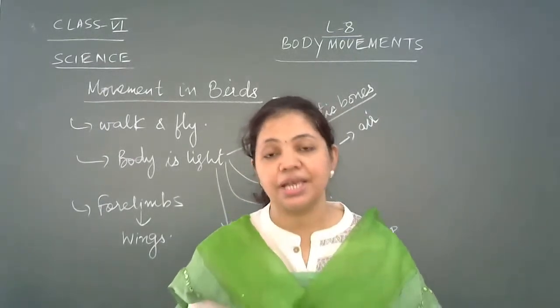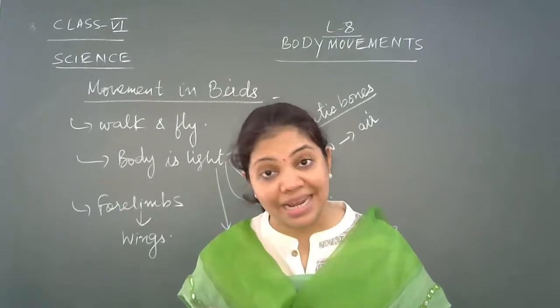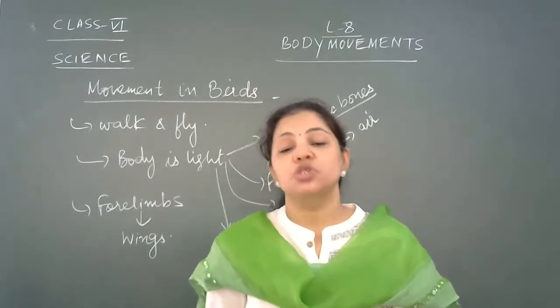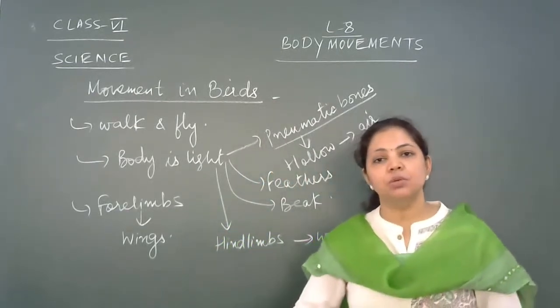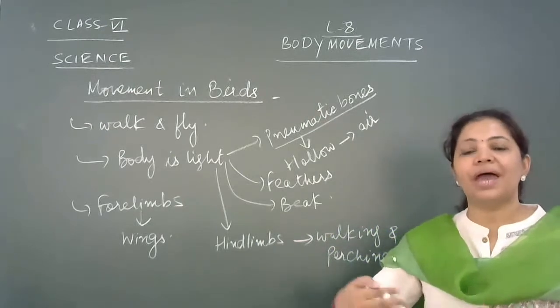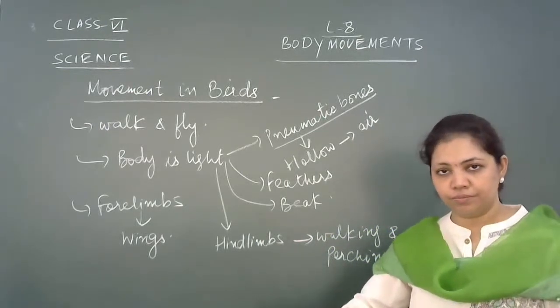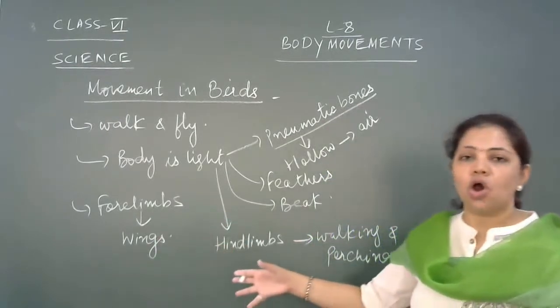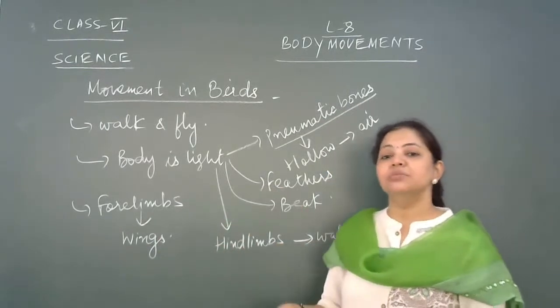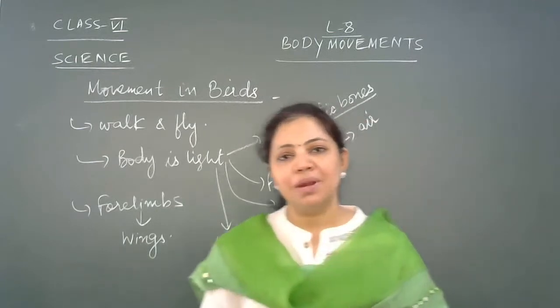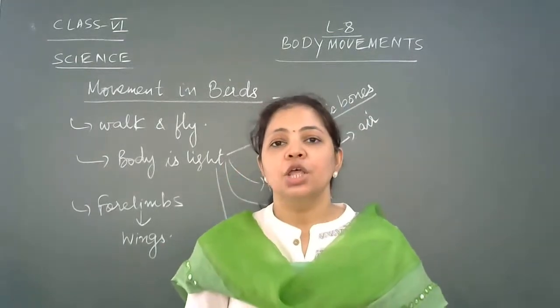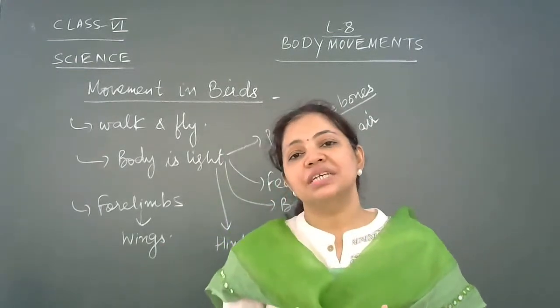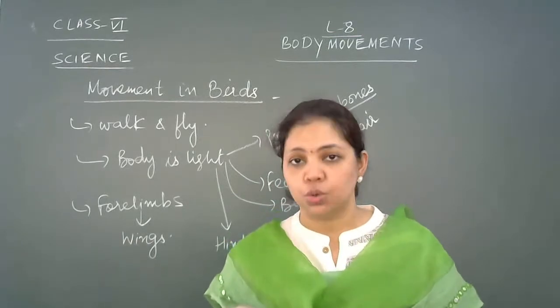Our legs. Yes. The legs in our body are our hind limbs, right? Hind means the rear one, the back part. In the case of a bird, the hind limbs mean the two limb-like structures we call legs.